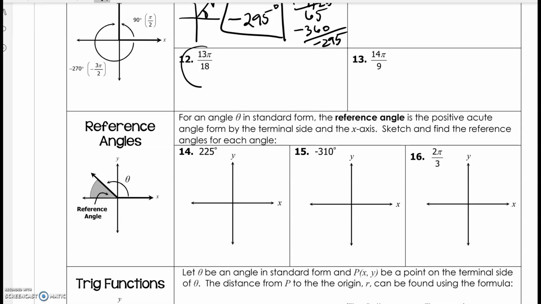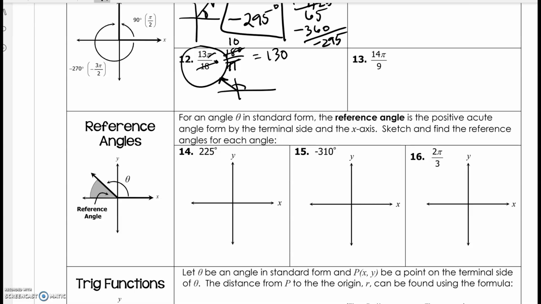In this situation, 13 pi over 18, I would just convert this to degrees, and the way I do that is to multiply 13 pi over 18 times 180 over pi. My pi's cancel out. That divides out to 10. 10 times 13 is 130. So 130 degrees is going to fall in here.